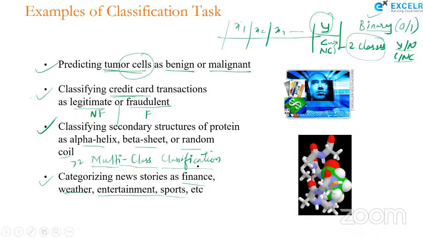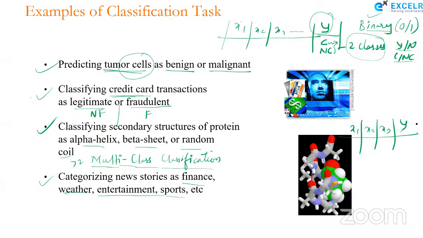Clear? Please elaborate multi-class classification. Sure. So you can have news stories belonging to, let us say you have certain features such as x1, x2, x3, x4, and so on. These are all your features, right?